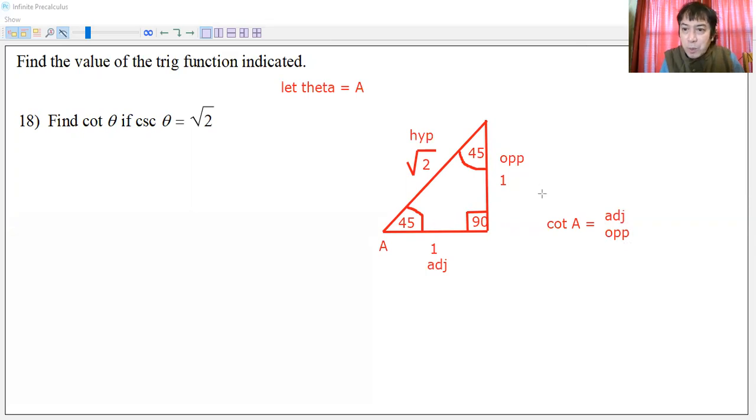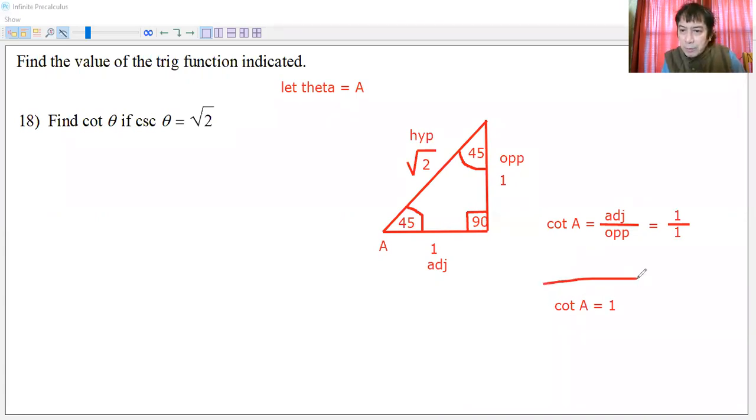And we have a very simple solution here: 1 over 1, which is just 1. So the final answer, cotangent theta is 1.